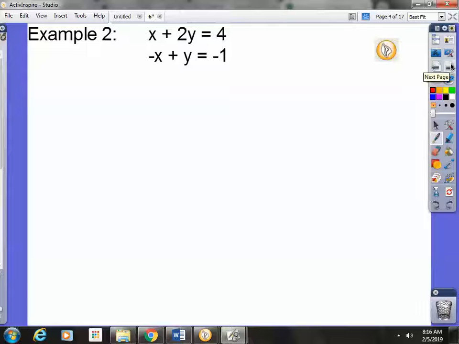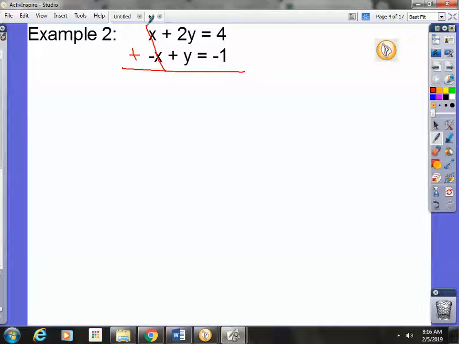How about this one? We have x plus 2y equals 4, and negative x plus y equals -1. Do we have opposite terms? Yes, if I add those x's together, x and negative x, they're going to add to 0, and I want that to happen in elimination.